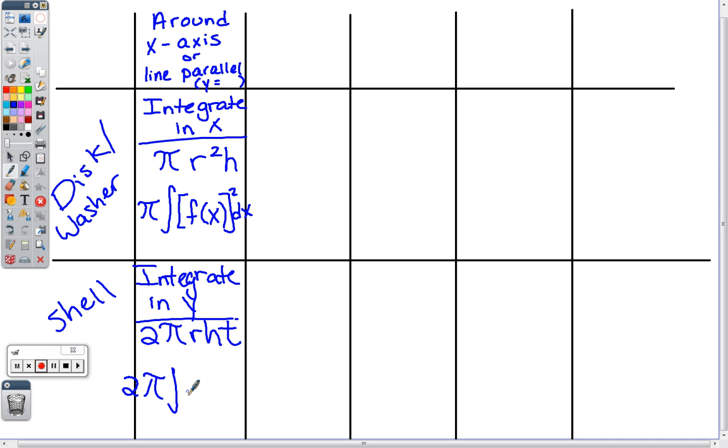I'm integrating in y, first of all. Y. Height will be f of y. Thickness, dy. Slightly more complicated, right?